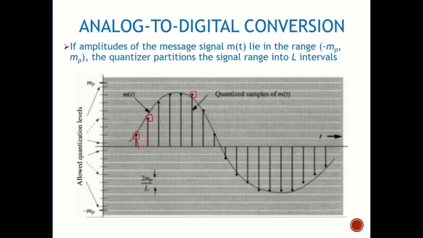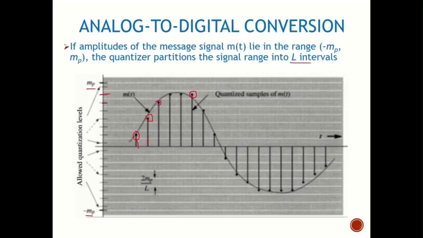For example, this sample is assigned this value, and so these are numbers on the y-axis. They are plotted between minus mp and mp.